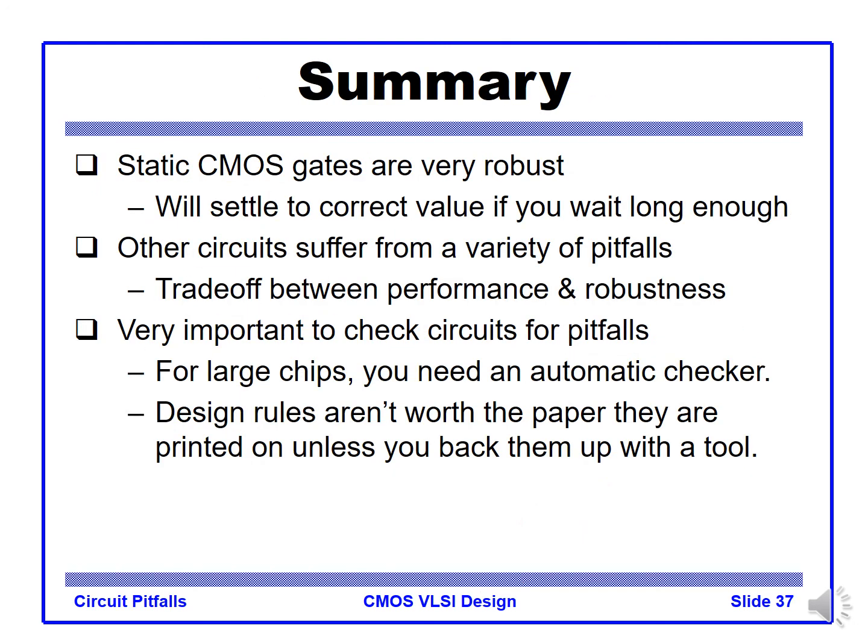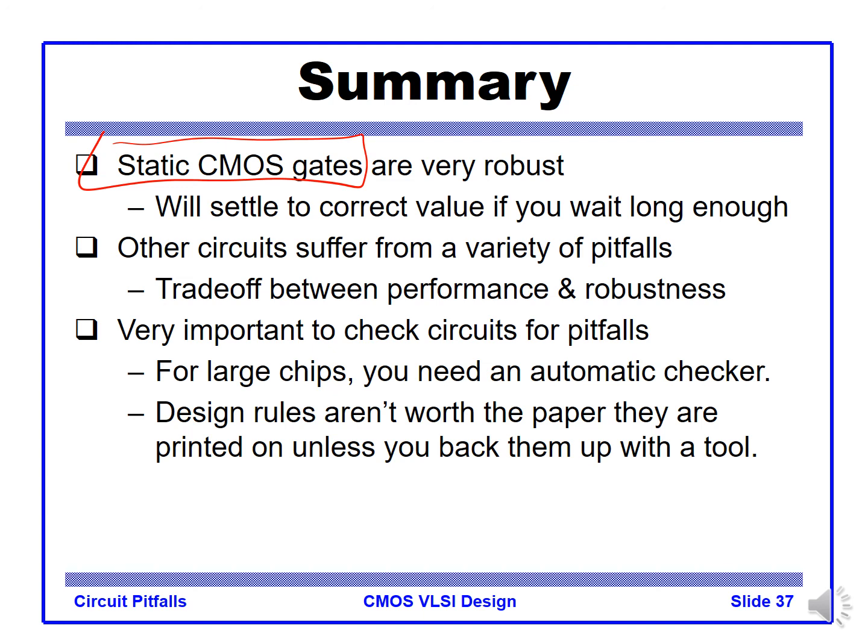In summary, static CMOS gates are very robust and will settle to the correct value if you wait long enough. The other circuits suffer from a variety of pitfalls. So the static CMOS gate is the gold standard. If you cannot meet the requirement, you may think of a different way of implementing, like a dynamic circuit or domino.